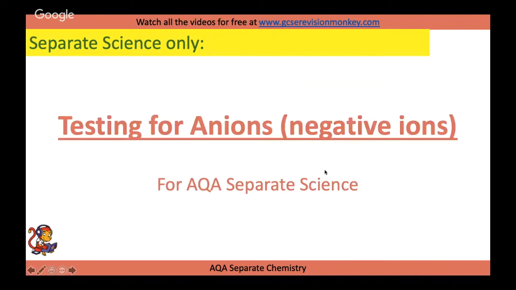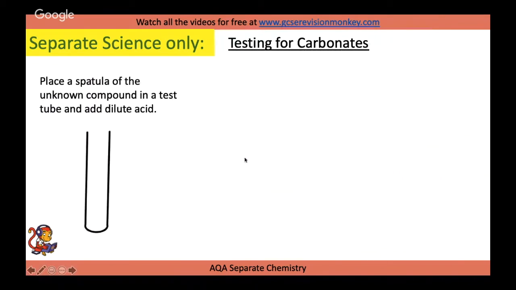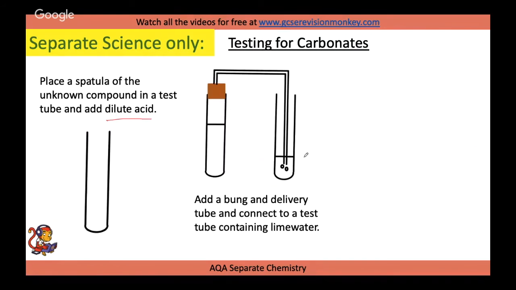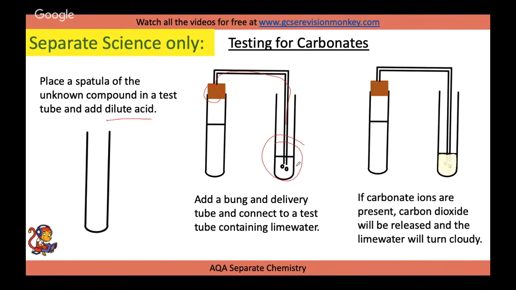Testing for anions then, the negative part. For carbonates, you place a spatula of the unknown compound in a test tube and add dilute acid. You'll connect that with a delivery tube, a bung and delivery tube, to a test tube with lime water. And if that goes cloudy, then carbon dioxide is present.